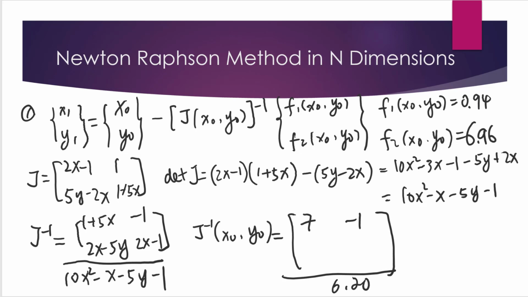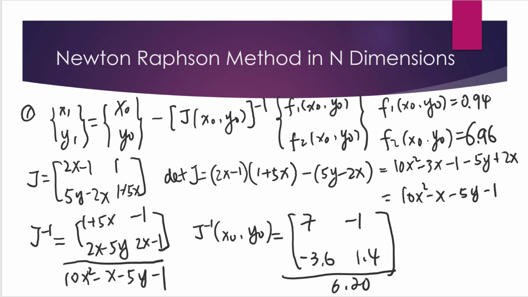This is negative 1, and here it's negative 3.6. All right, so this is 3.6, and this is 1.2 times 1.4, all right? Okay, so this will be the Jacobian inverse, and we need to write the formula here.